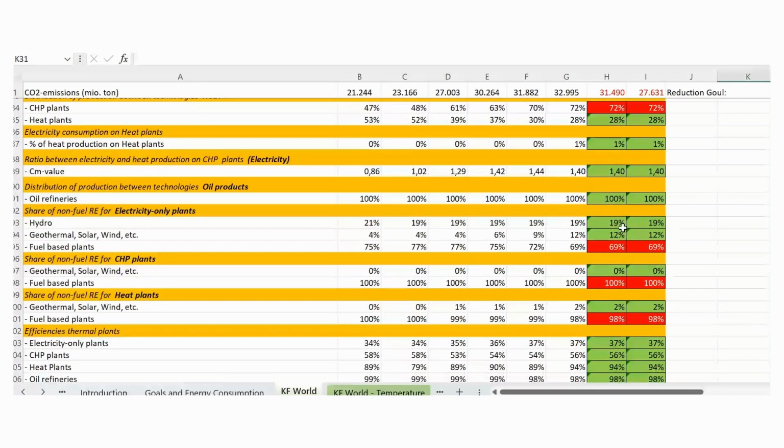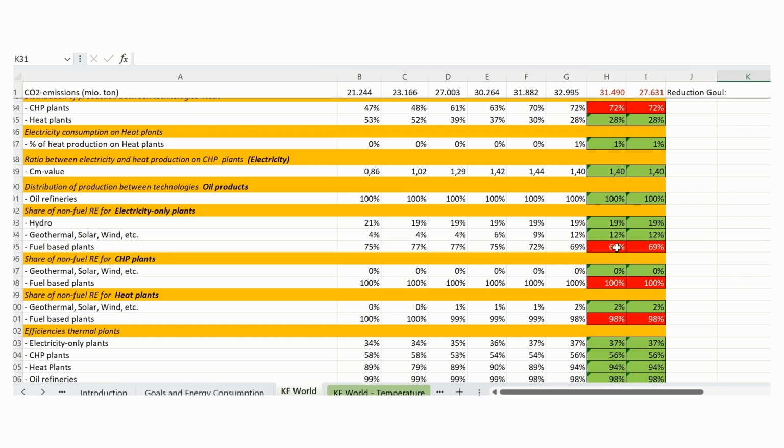Now you will define the distribution of electricity production on the electricity-only plants. How much should be produced on hydro plants? How much should be produced on geothermal, solar and wind?